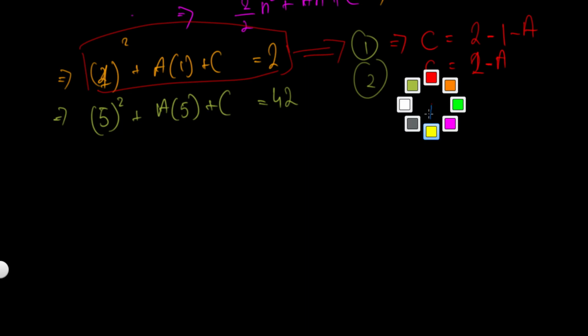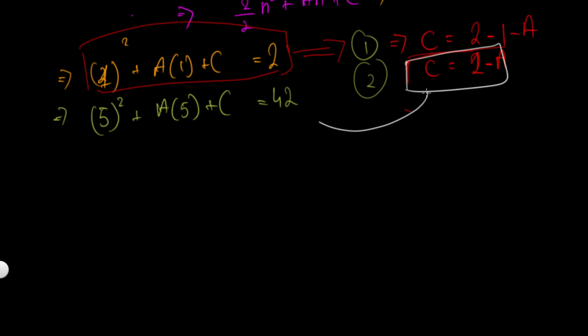Then in simultaneous equations, we take that subject that we have just created and insert it into our second equation. So 5 square plus a multiplied by 5. Now instead of writing c, we write the expression for c which we have found from the first equation.